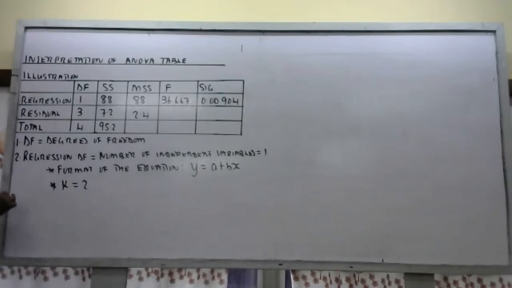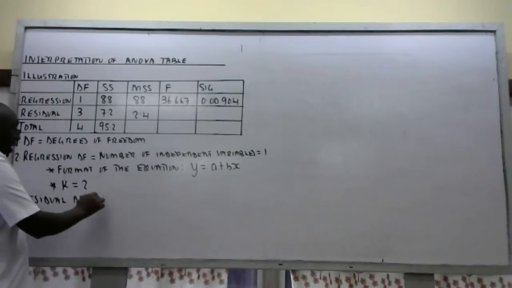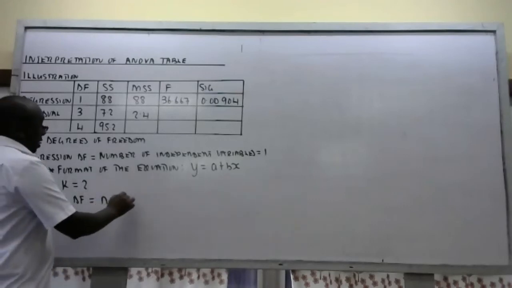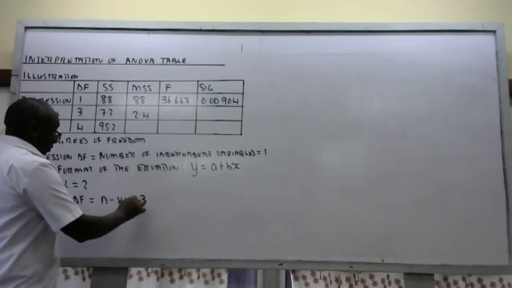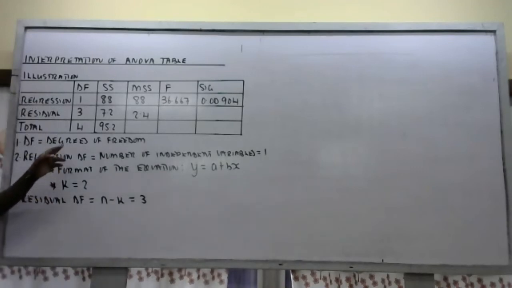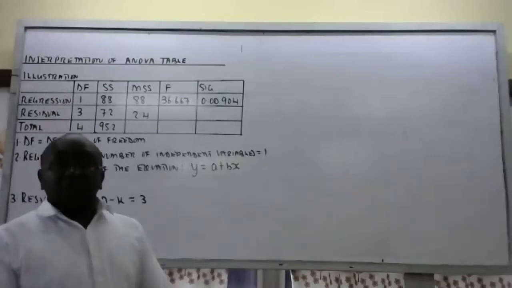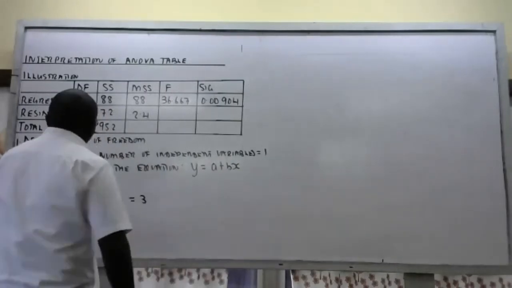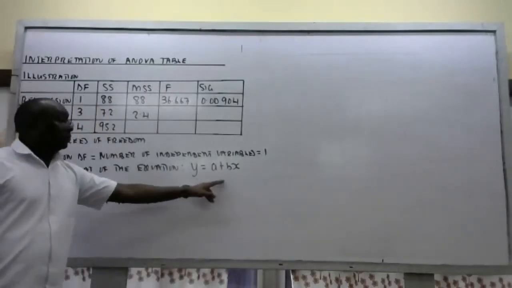Point number 3 is what we call residual DF. Now, residual DF is simply given as n minus k. We also came across them earlier, n minus k. So this one is 3. K is 2, or we say K is the computed value.